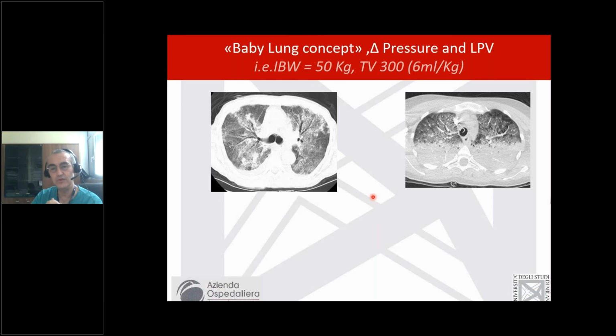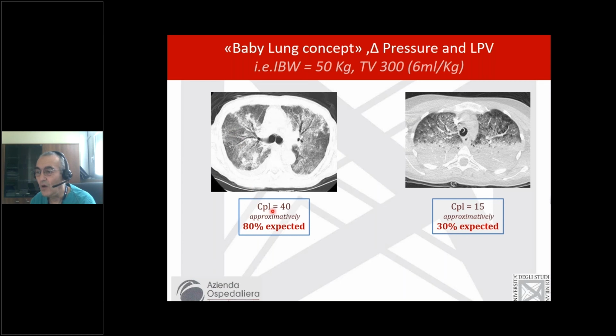And I do use this example that I want to share with you. Let's assume we have, once again, 2 ARDS patients, 2 Italian women, 160 centimeters tall. So the ideal body weight is 50 and the ideal tidal volume is 300 ml. But one lady has this ARDS, bad lung, but still a lot of aerated part of the lung. There is gas inside. We measure the compliance of the subject.